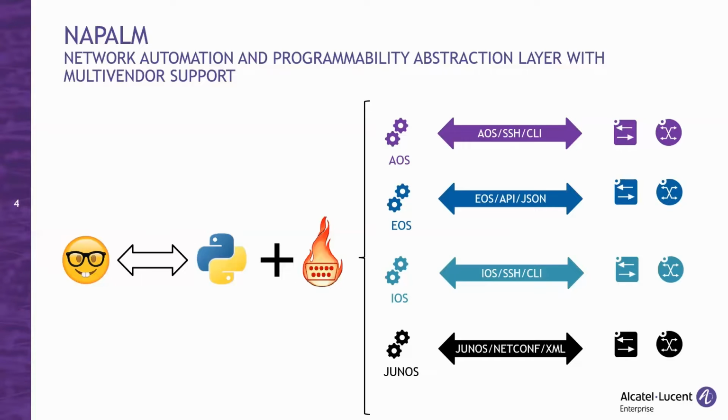All that will be abstracted, except for the fact that on AOS and iOS we need to enable SSH access, and on EOS we need to enable API access, and in Junos we need to enable netconf access.